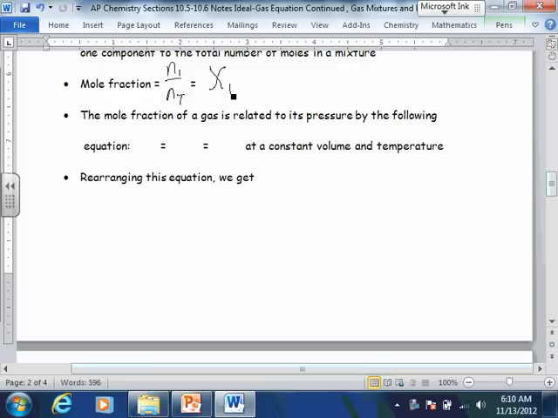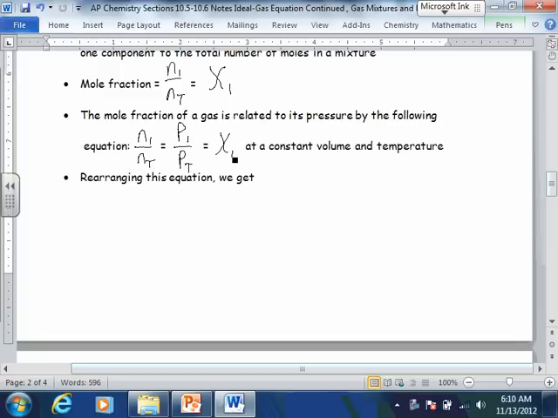So N1 over NT is equal to the pressure fraction, essentially, so pressure 1 over the total pressure, which is equal to, again, the x1. Okay, you don't have to even curve your x, you can just make a normal x there.